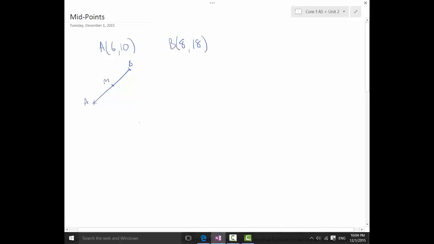So let's call the midpoint M. To calculate M, or the midpoint, we should use the formula x2 plus x1 all over 2 for the x-coordinate, and for the y-coordinate it's y2 plus y1 all over 2.